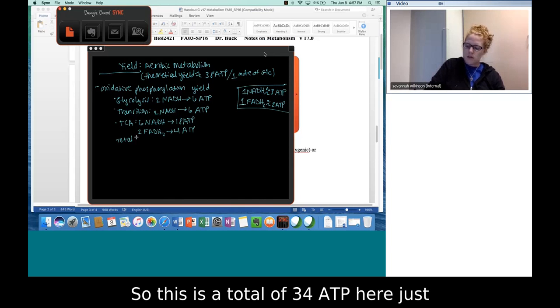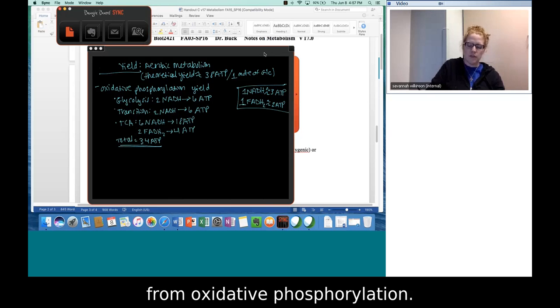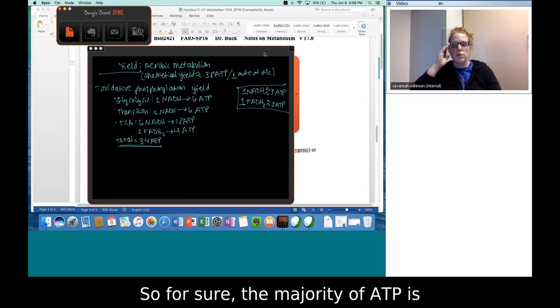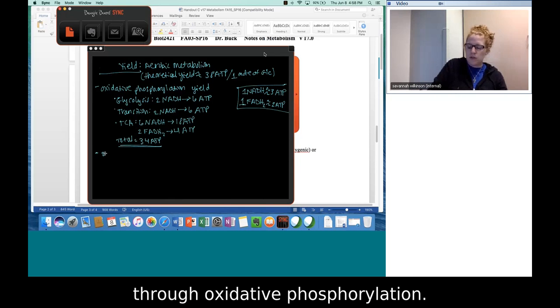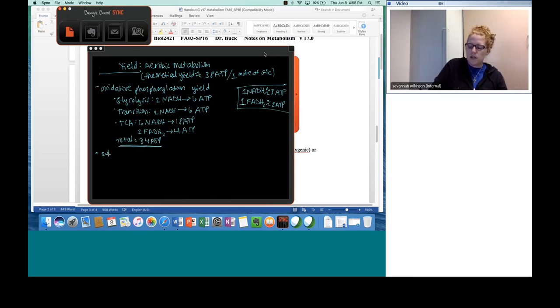So this is a total of 34 ATP here, just from oxidative phosphorylation. So for sure, the majority of ATP is made at the electron transport chain through oxidative phosphorylation.